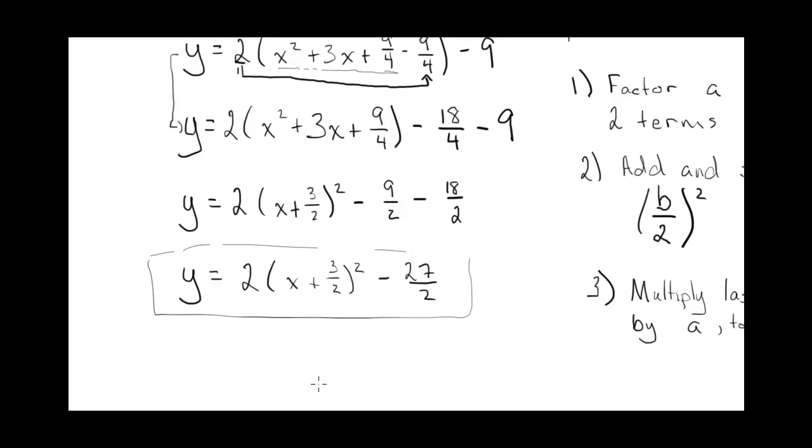Okay, so that was this step. We multiplied 2 times the last number to get us out of the bracket, and then the final step, although we did this in 2 different steps.